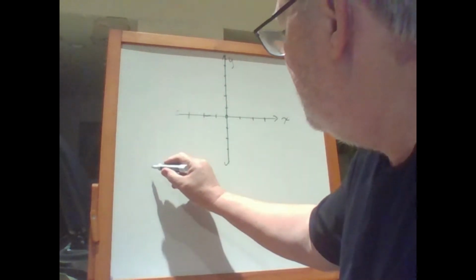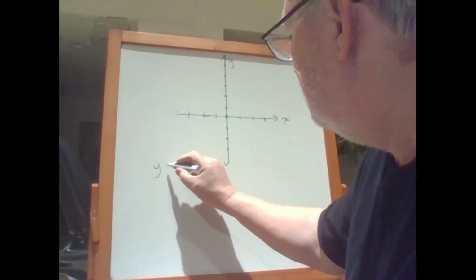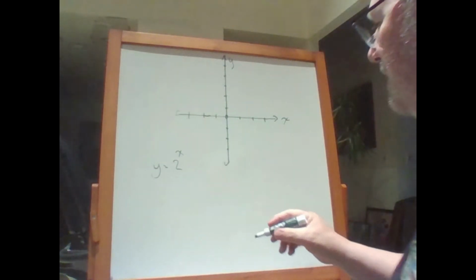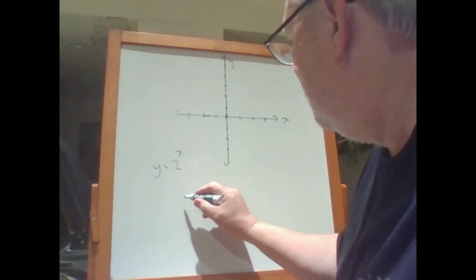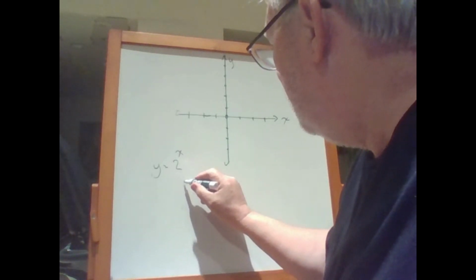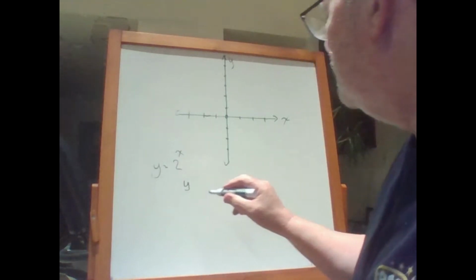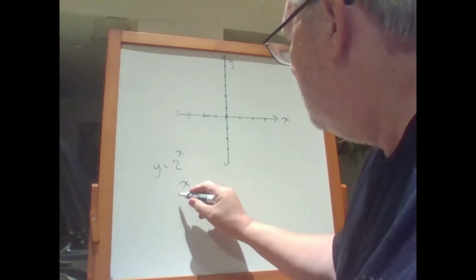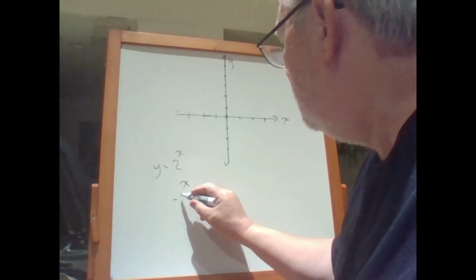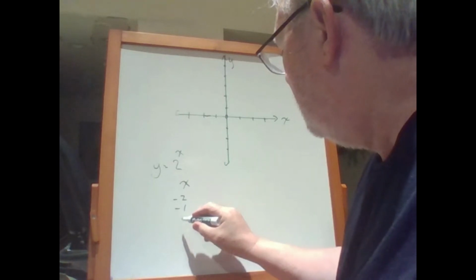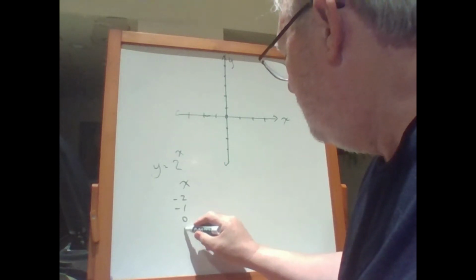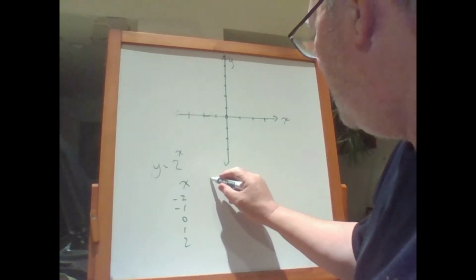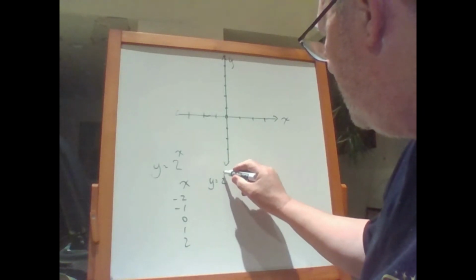Let's try y equals 2 to the x, base 2. I'm sorry. We have x equals negative 2, negative 1, 0, 1, 2, and we have y equals 2 to the x.